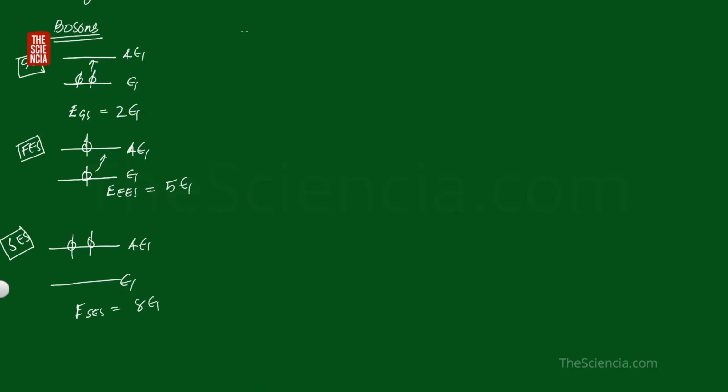Now let us discuss the second case. The second case is for fermions, spin half fermions. We know by Pauli's exclusion principle, the maximum number of fermions in a single state is 2. So let us consider the ground state. So these are the two states of a 1D box, that is E1 and 4E1 energies.